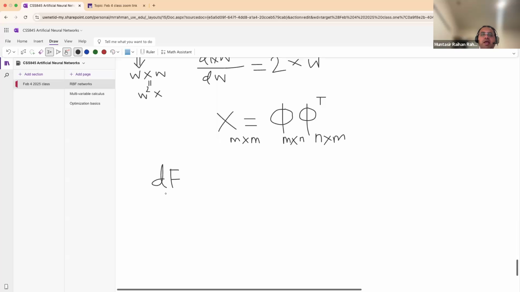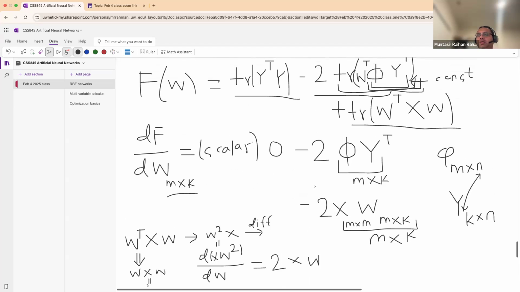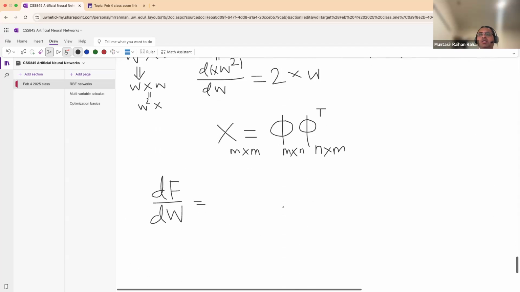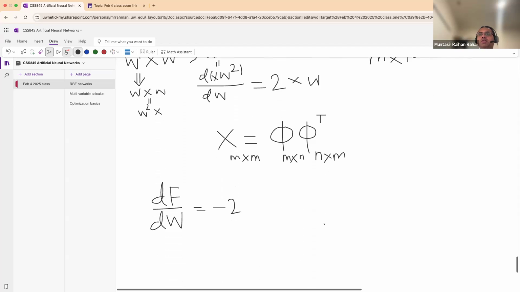Now everything is back in matrices. So d function by dw is equal to, this is 0. Here we have 2 times phi times y transpose, and we have a minus sign, 2 times phi times y transpose. And then I have a plus.